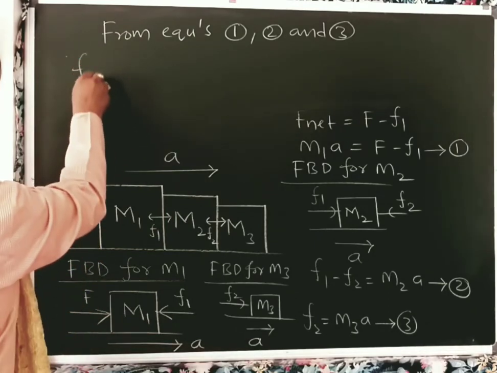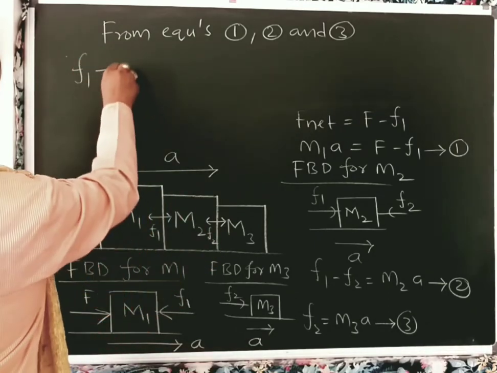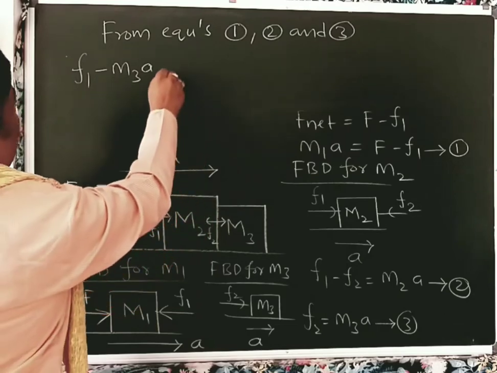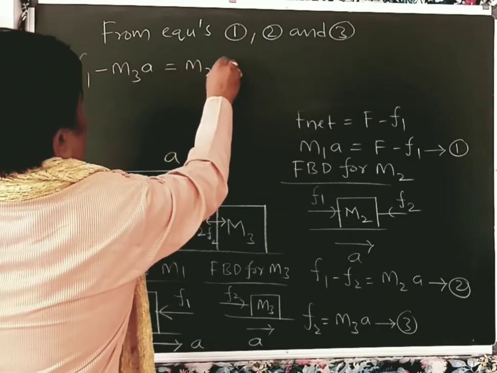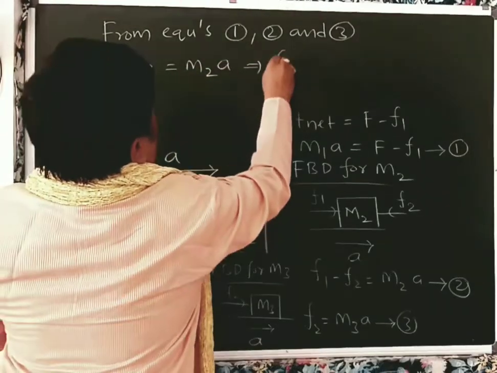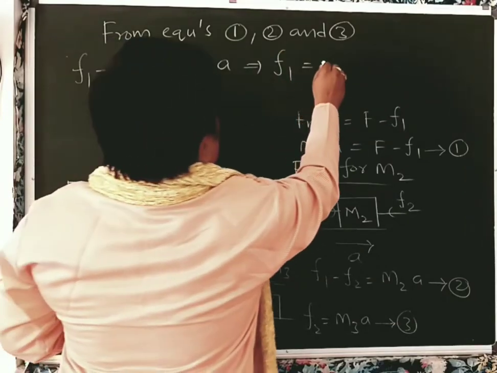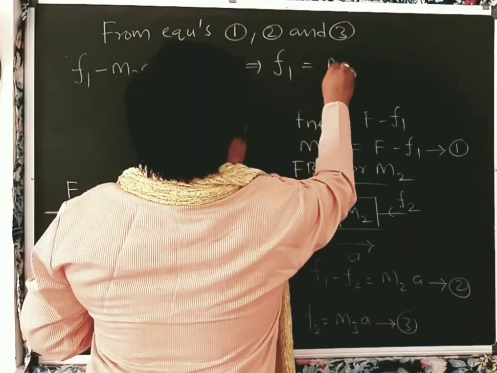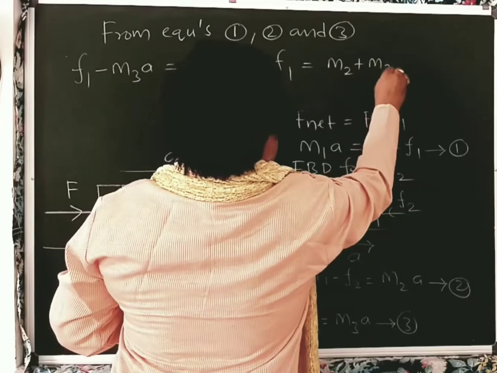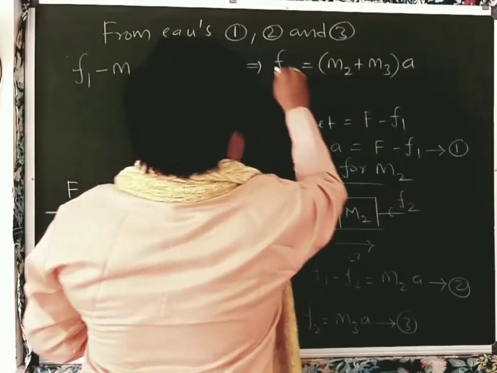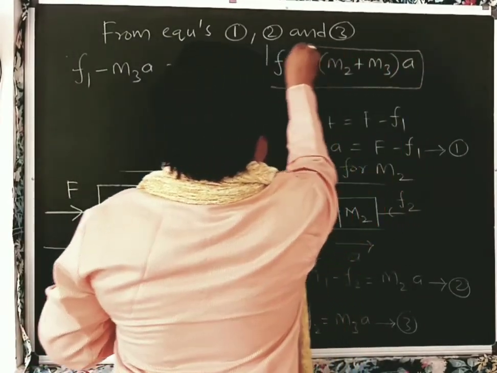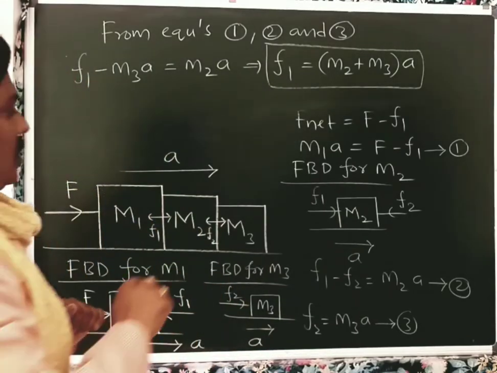F1 minus M3A is equal to M2A, which implies F1 is equal to A taken as common, (M2 plus M3) in bracket. So this is the contact force F1. This is equation 4.